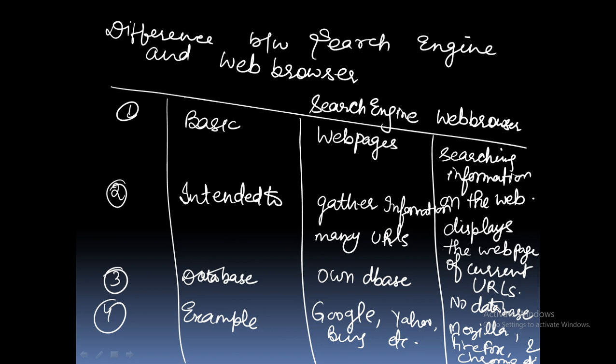Now again I will repeat what are the differences between search engine and web browser. The first difference is basic. According to basic, we can say that search engine only maintains the information related to web pages which are stored in the internet. On the other side, web browser is used for searching the information on the web and it displays it over the user's computer.